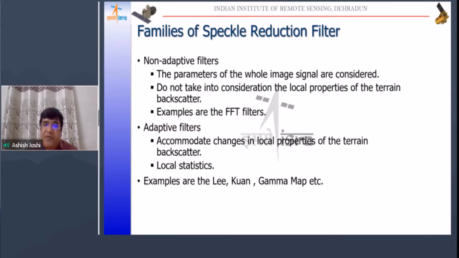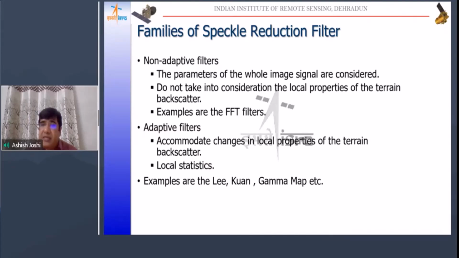Now, the second type of filters are the adaptive filters. Okay, so the adaptive filters accommodate changes in the local properties of the terrain backscatter, or local statistics. It will gather information from the SAR image. Locally, it will calculate mu and sigma, that is, the mean and sigma.